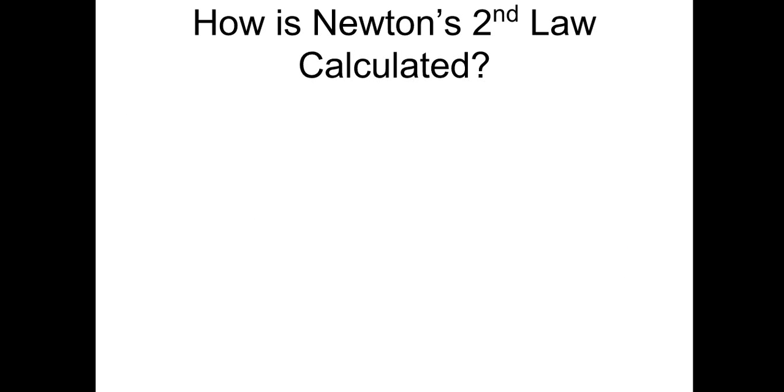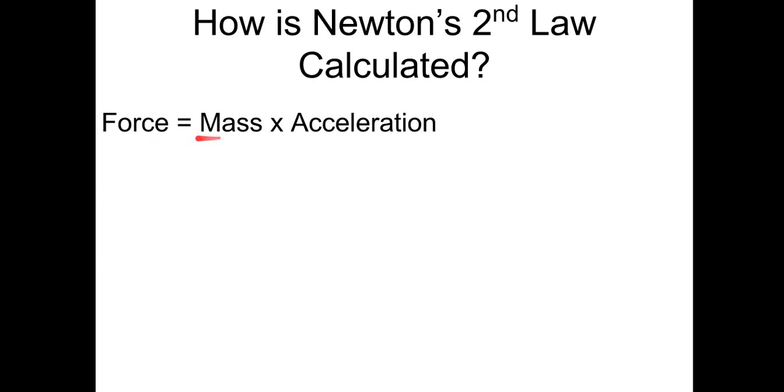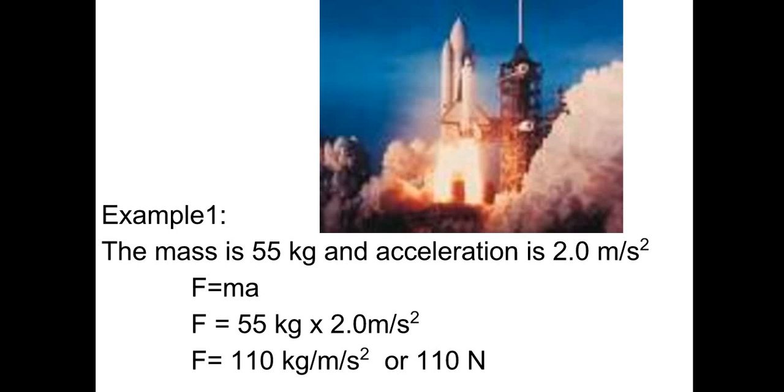So here it is. How is Newton's second law calculated? Well, here we go. Force is equal to the mass times its acceleration. It's abbreviated F = ma. Force is equal to the mass times the acceleration. So let's think about what that means. The mass is 55 kilograms. The acceleration is 2.0 meters per second squared.